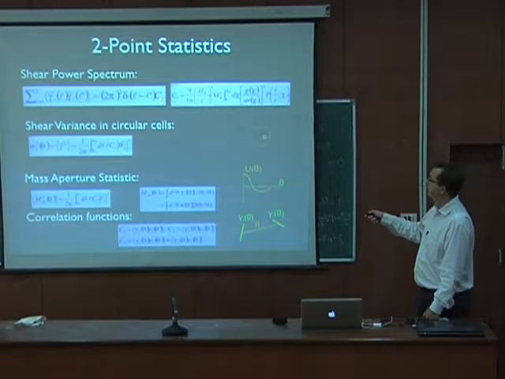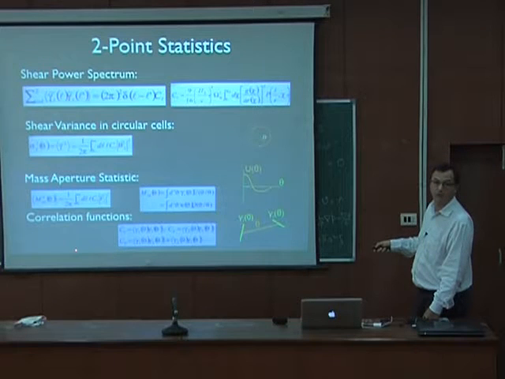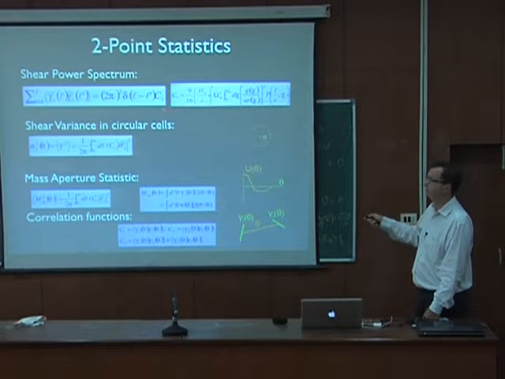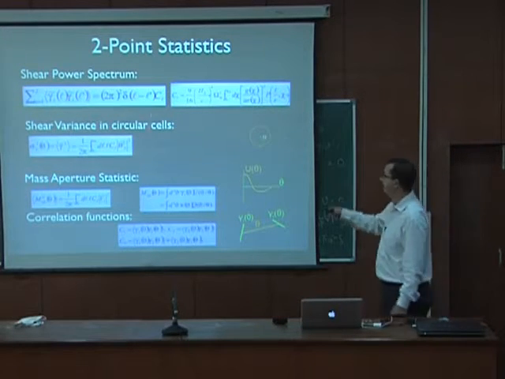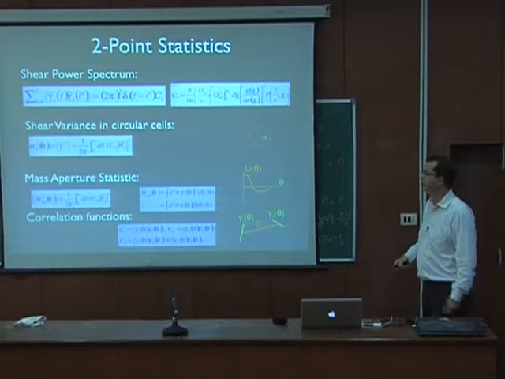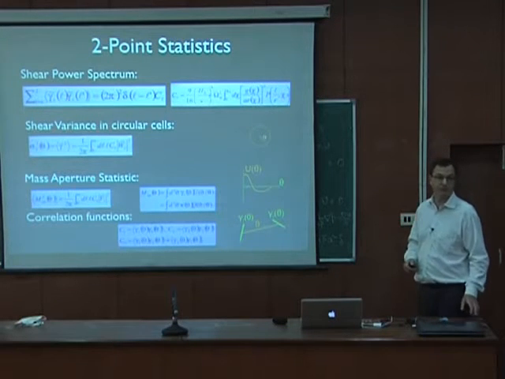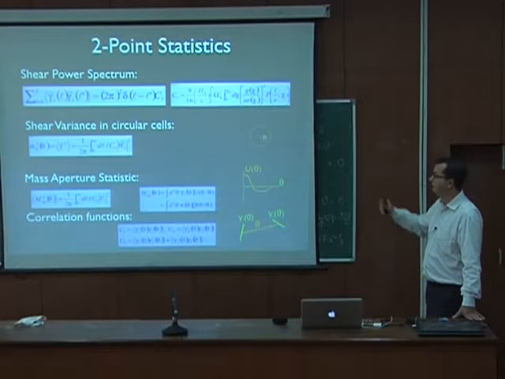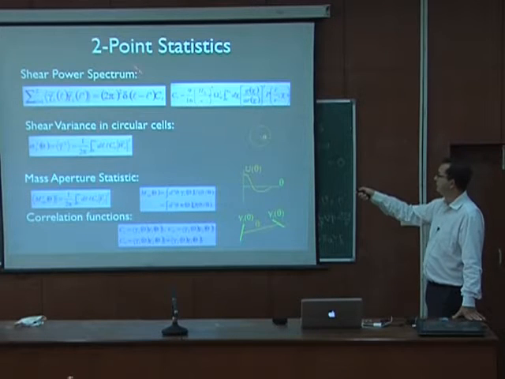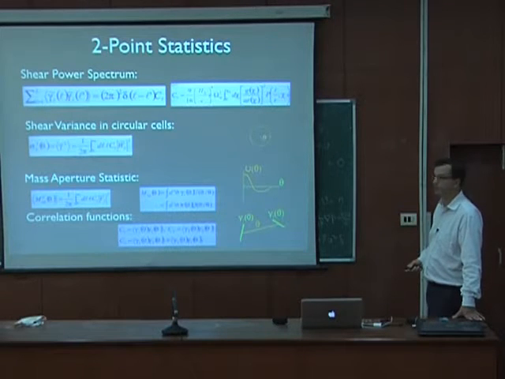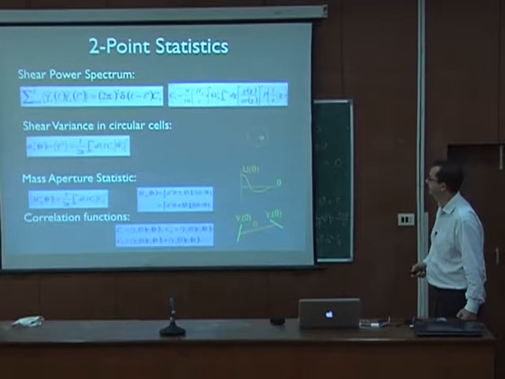Basically, the power spectrum is the Fourier transform of the correlation function, and the correlation function is the Fourier transform of the power spectrum. So they encode exactly the same information. One is in Fourier space, one is in real space. And they have different properties which are interesting when it comes down to noise. And so sometimes one chooses this, sometimes one chooses that. I'll come to that a bit later.